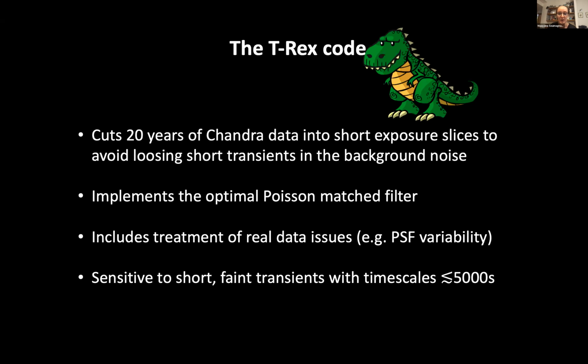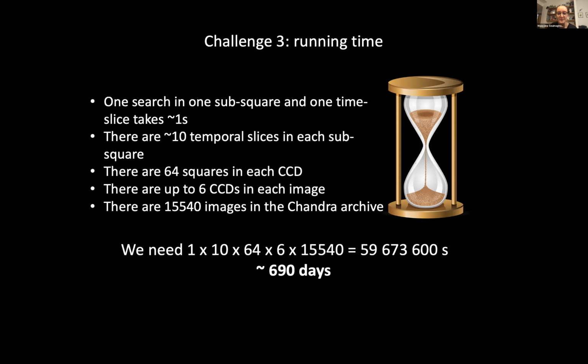There is one more big challenge we had to deal with to compute this blind search, which is very significant of this new era we have entered, where astronomers have to mine tremendous amounts of data. And here is the problem. We're cutting each CCD into 64 subsquares and computing each search on one such subsquare. And this has to do with the fact that we need to deal with the PSF variation over the CCD.